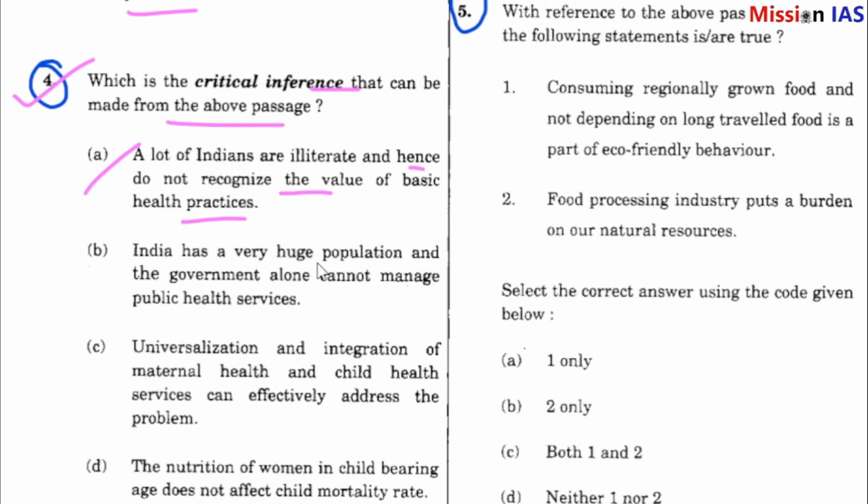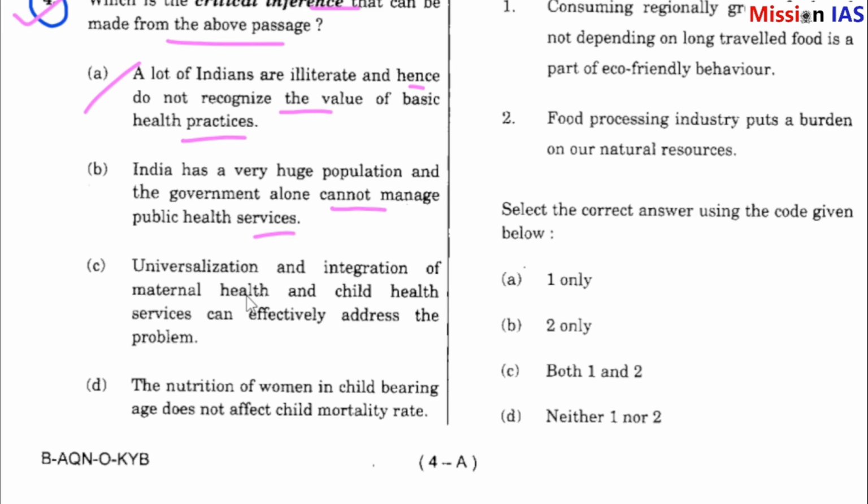B: India has a huge population and the government alone cannot manage public health services. C: Universalization and integration of maternal health and child health services can effectively address the problem. D: The nutrition of women of childbearing age does not affect child mortality rates.